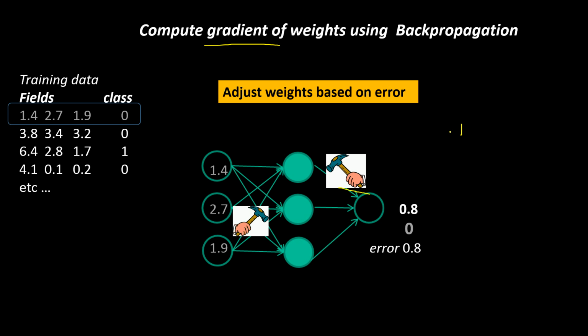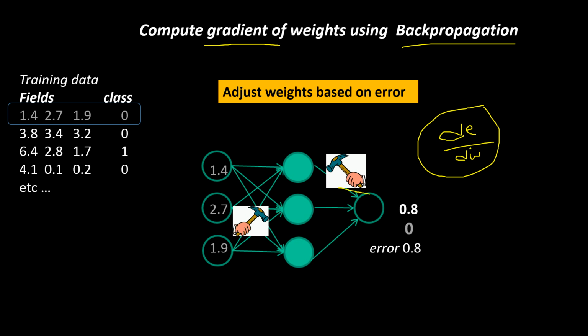It will be the rate of change of error with respect to the weights or parameters. We'll compute those gradients using a very famous algorithm called the backpropagation algorithm. So we will compute the gradients of all these using backpropagation, and we need to adjust the weights based on how much the error changes with the change in weights.